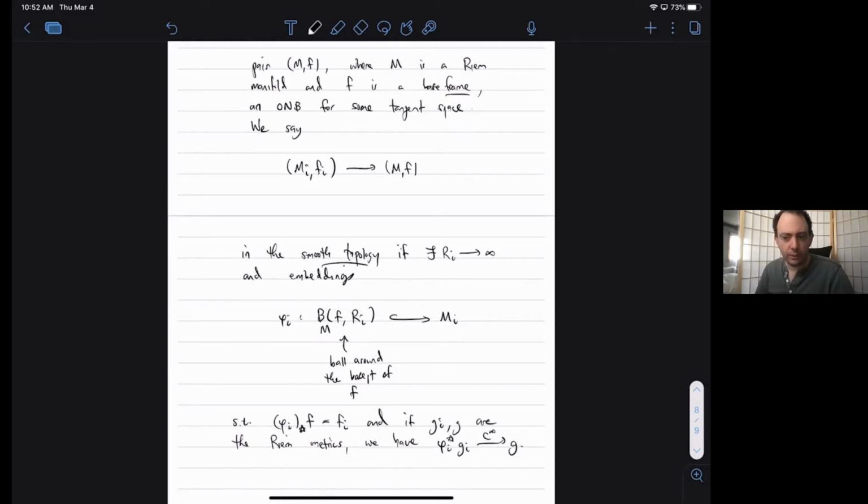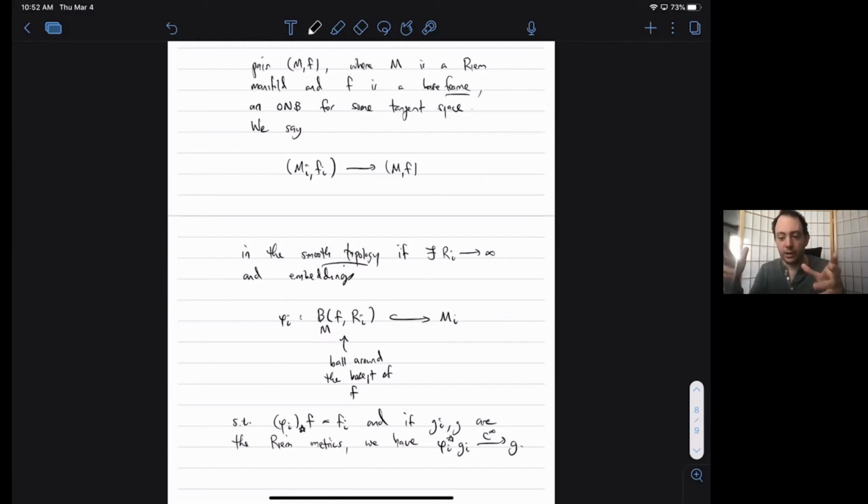But what am I saying here? Let's just think of the last statement. I have these embeddings from big balls in M into the approximating manifolds, and the last statement is saying that those embeddings are almost isometries for large i.